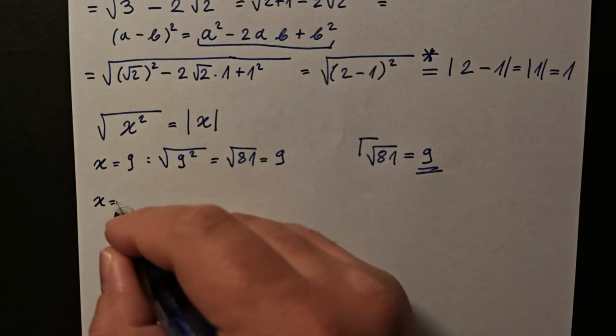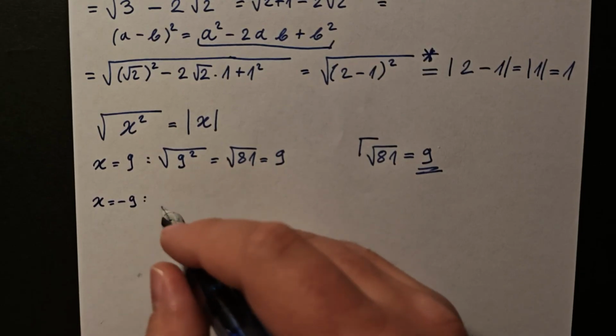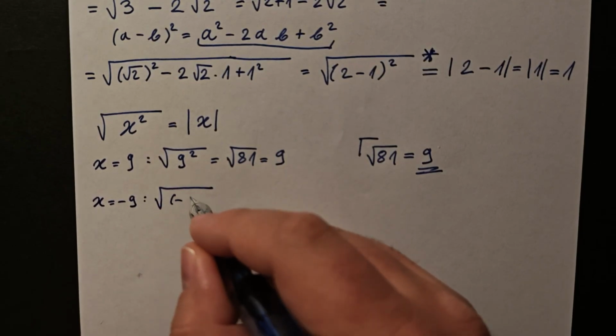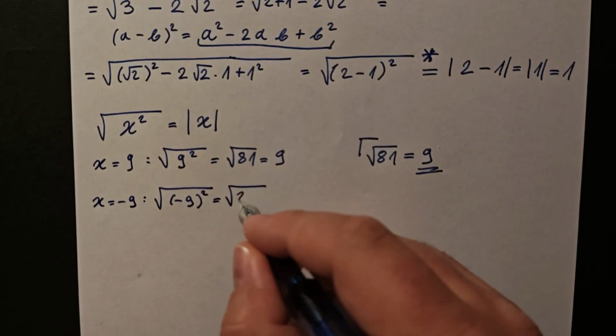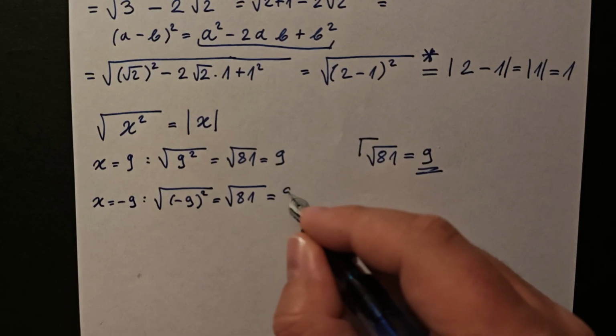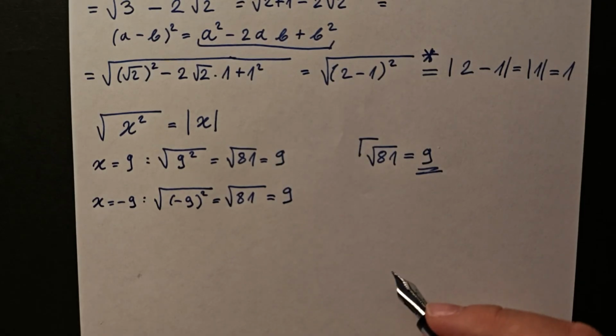For x equal to negative 9, we get that the square root of negative 9 squared is equal to the square root of 81, and that is equal to 9. And this is exactly why we have that absolute value.